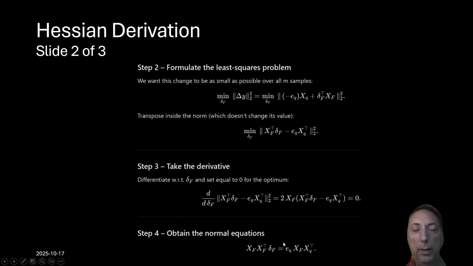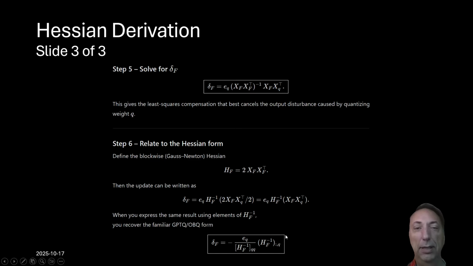What we really want is delta f by itself, so we're going to divide both sides by xf transpose, which, since these are matrices, means taking the inverse. And this is basically our answer. Once we represent our Hessian, we know that's 2xx transpose. So we just substitute that in and we get our result. That's why we're using this formula.